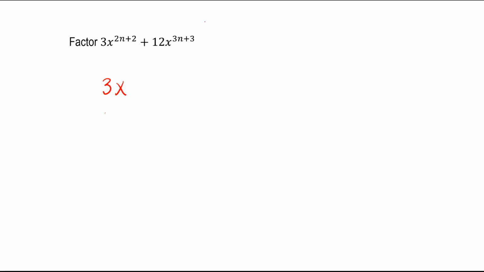Sometimes it helps a little bit just to understand what's going on if you rewrite it showing all the factors of x that you have. Okay, so thinking about how we add exponents on like bases. This first term, you've got 3, since it's x to the 2n, that means you've got an x to the n and an x to the n, because if you add those, n plus n is 2n. And then you've got plus 2, which means you've got an x squared, so x times x.